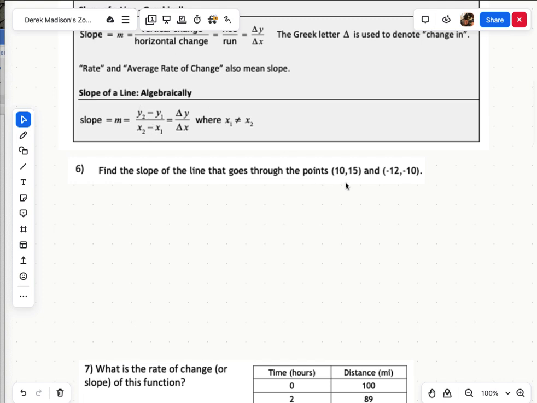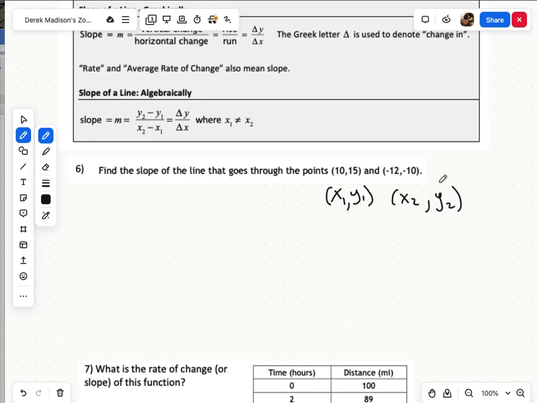It doesn't matter which point you call the ones and which point you call the twos, but what is important is that once you call this one x1, that you call that one y1, and that you don't get those mixed up. So let me get my pen set up here. So let's call this point x1 and y1, and we'll call this point x2 and y2.